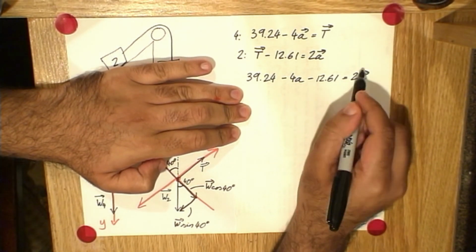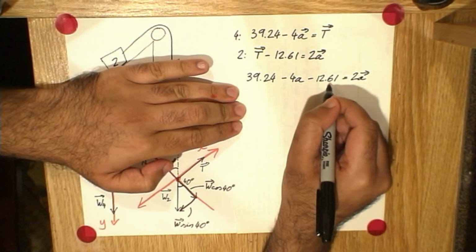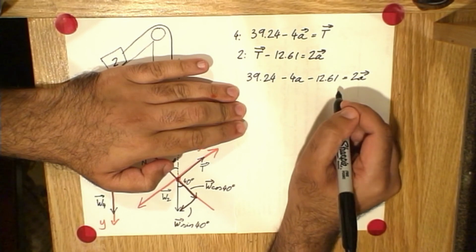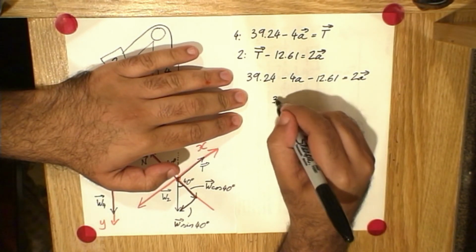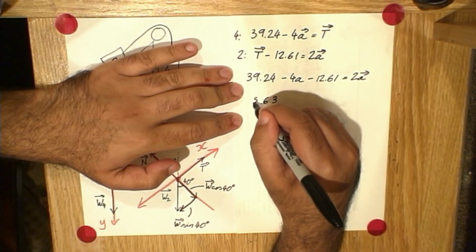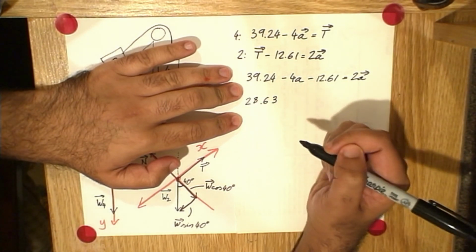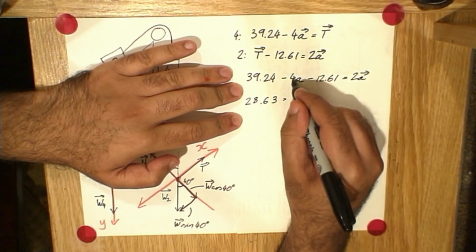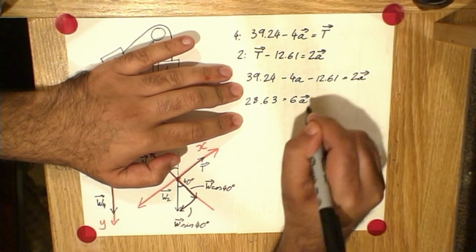Let's move the 4A over to the other side, and then let's do this subtraction. So 39.24 minus 12.61, and I'll add the 4A to the other side to give me 6A.